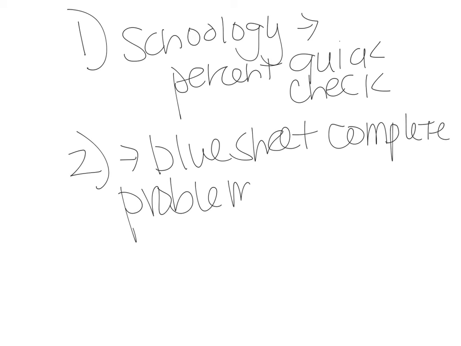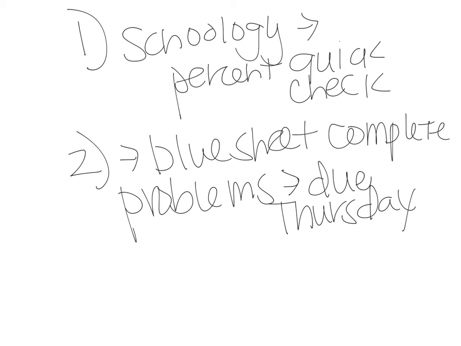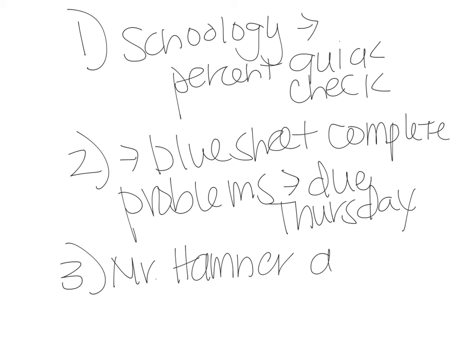If you don't get them done today, they need to be due on Thursday. If you happen to get done with both number 1 and number 2, then you can go up and see Mr. Hamner. And he has a great activity for you to do.